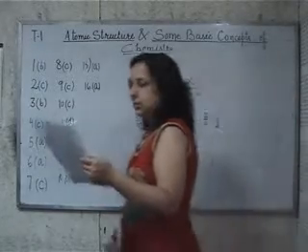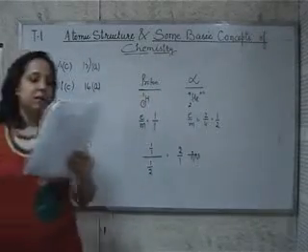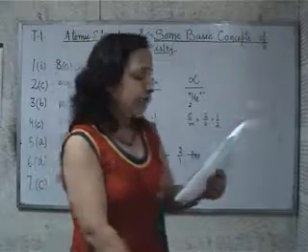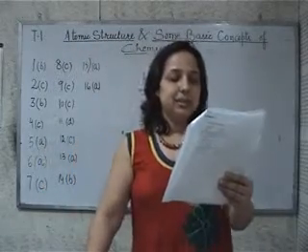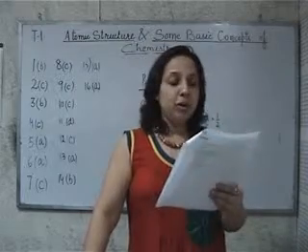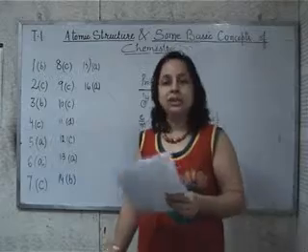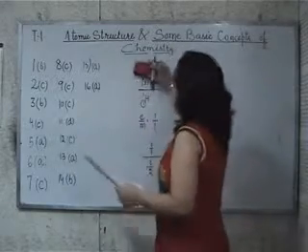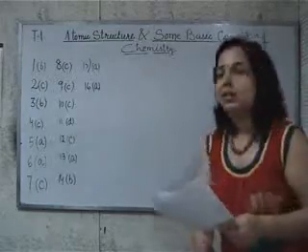17th question. Question number 17: a 1 kilowatt radio transmitter operates at a frequency of 880 Hz. How many photons per second does it emit? The question is from energy. E is equal to n h nu, because energy is given. But the unit of energy given in this question is kilowatt.